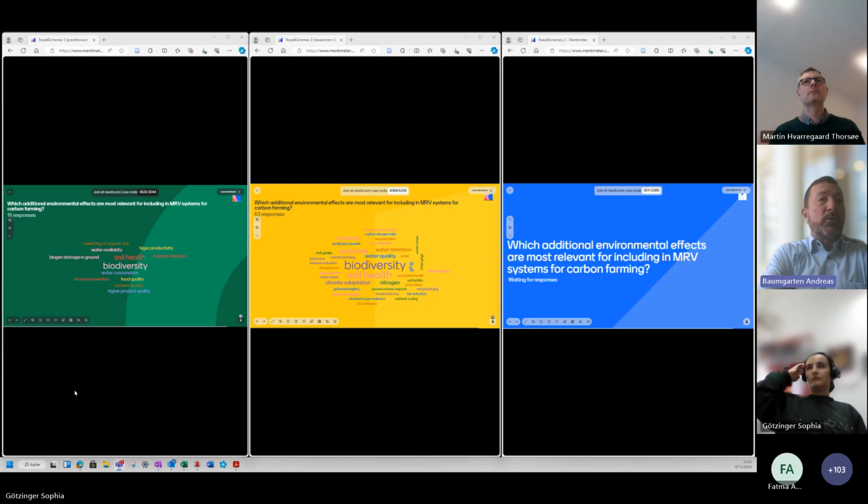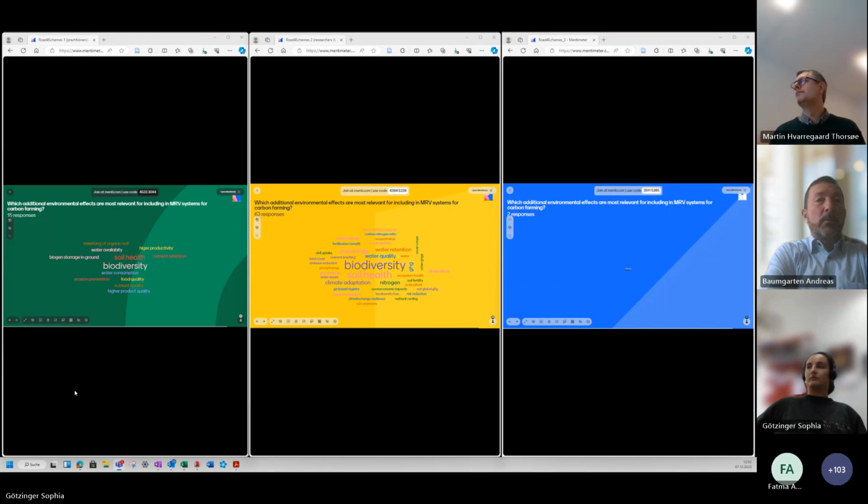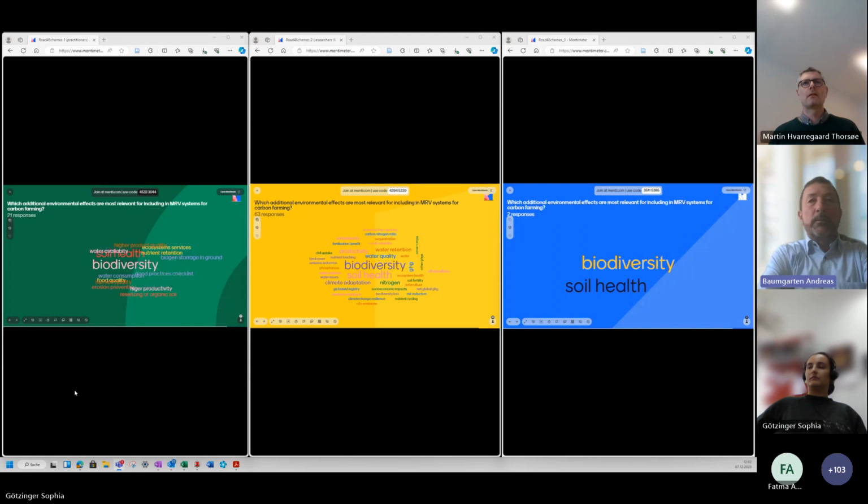So biodiversity, soil health, then water in different aspects: water consumption, water quality, water retention. So the physical aspects are obviously also important.